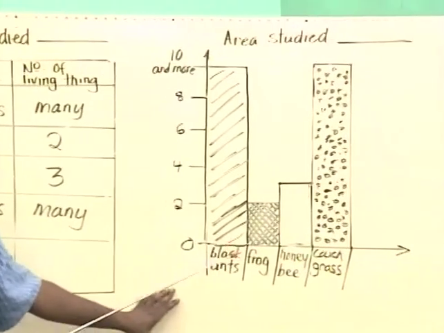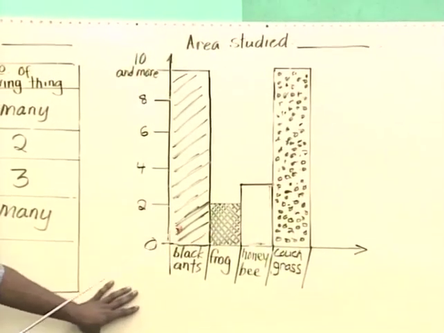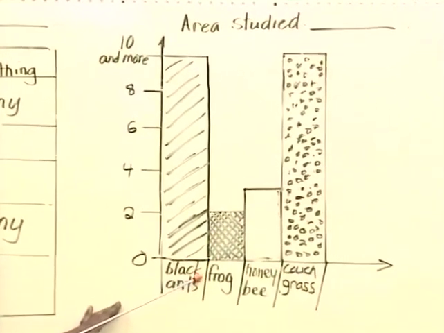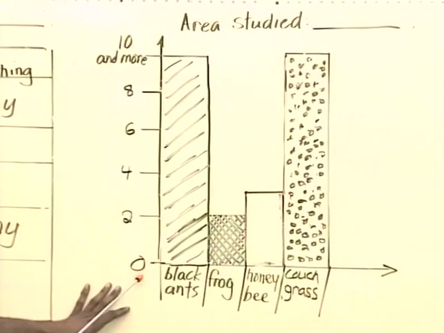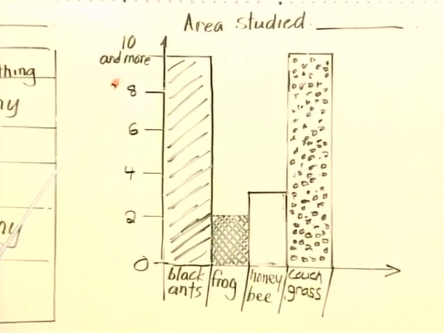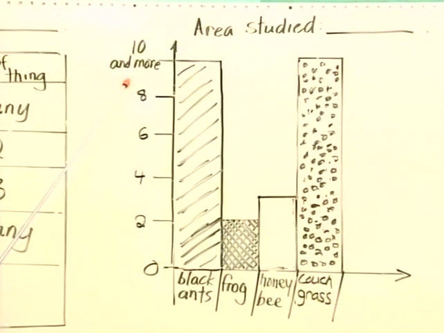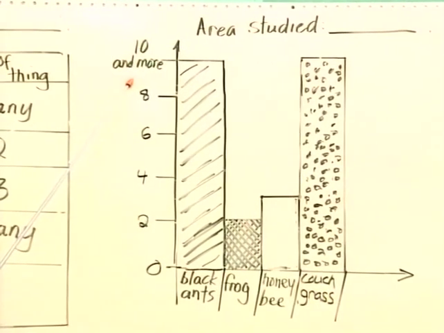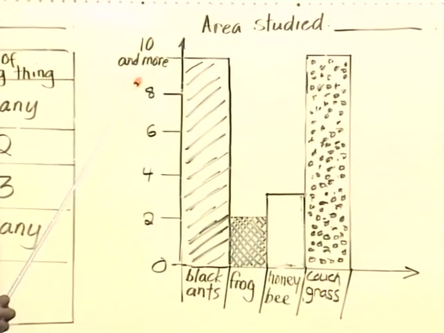With this information, you put it in a column graph similar to this. If you have done something like this, very good. The scale is from 0 to 10. At the top we have 10 and more, because grass is many and we cannot count the grass. So we say 10 and many.